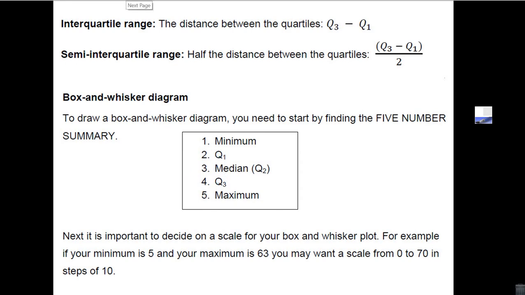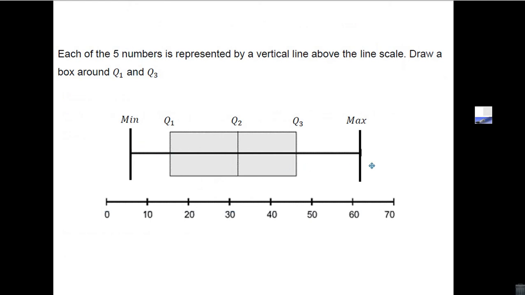You make a scale like so, and you put the 5 numbers right here. You put your minimum somewhere, like 5, and a max of 62, and you make a box that shows the 50% of the data in the middle. Between each pair of quartiles, there's 1/4 of the data. It really shows you how it's spread out.